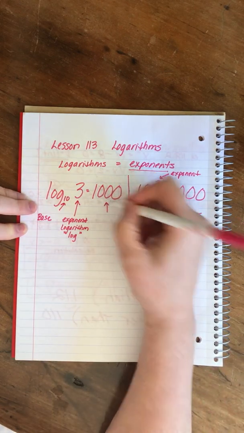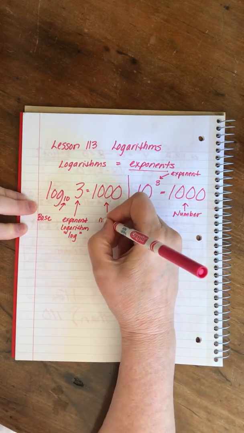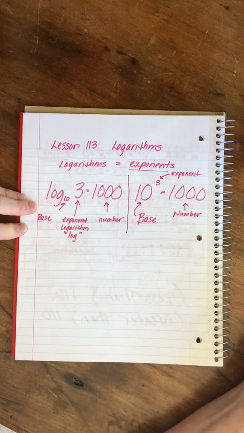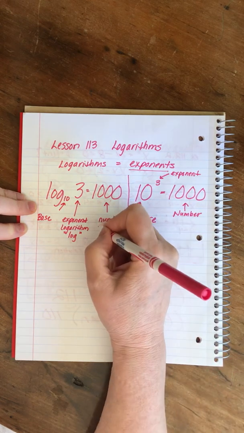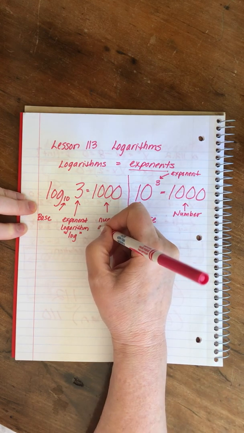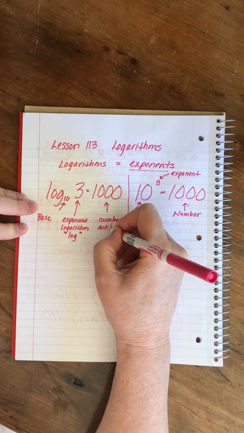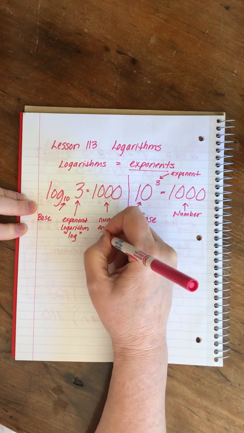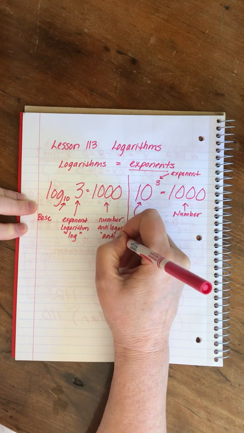This is what we inglamorously called the number. It's the result. Now here comes the part that's just going to make you feel weak in the knees. The special thing we call this in logarithm language is the anti-logarithm, or the anti-log.